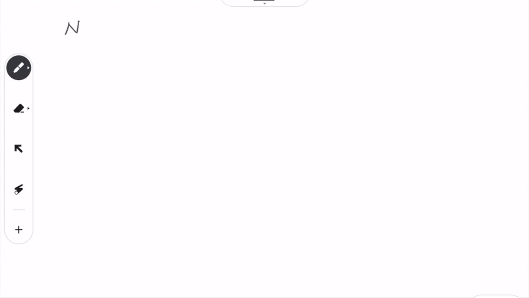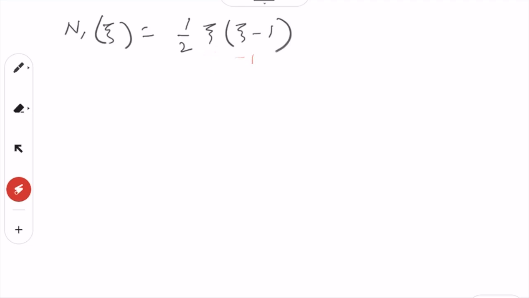So our N values: we actually derived them also. N1 of xi was 1 over 2 times xi times xi minus 1, so dN1 over dxi we got was xi minus half.